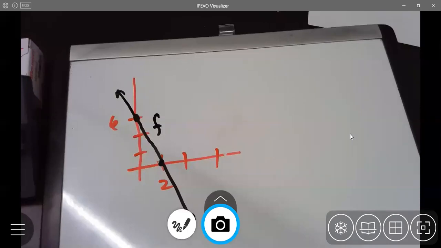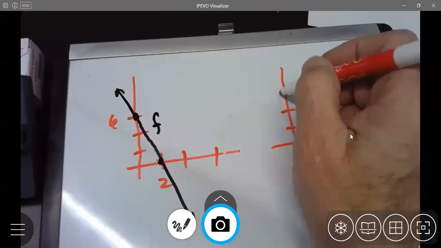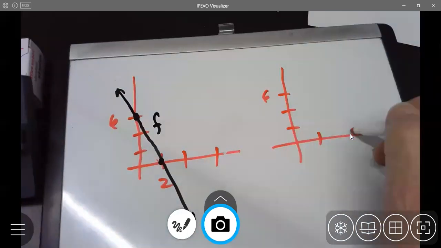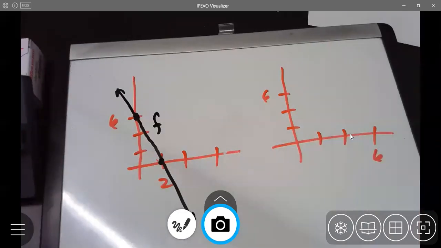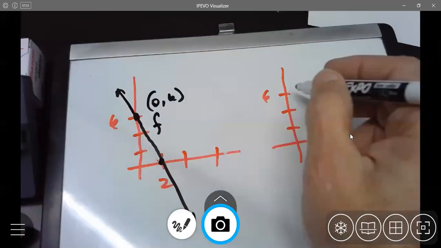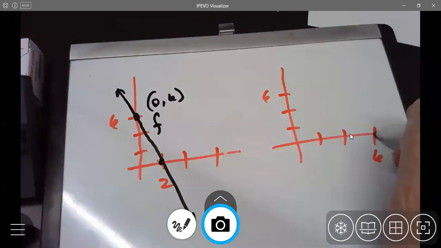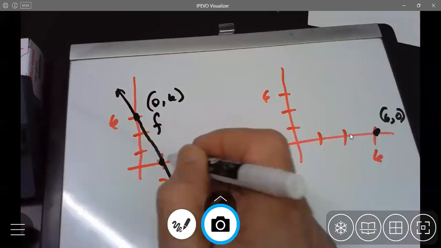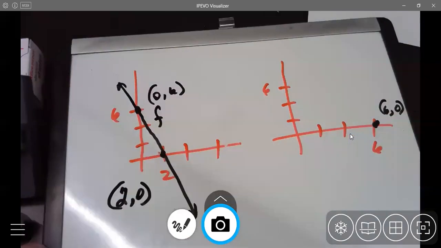So now the inverse. Here's 6 and 2, 4, 6 again. Now, since this is 0, 6, we switch the x and y coordinates, and now this is 6, 0. And we take this x-intercept, x is 2, y is 0, and we flip those, and now it's 0, 2.